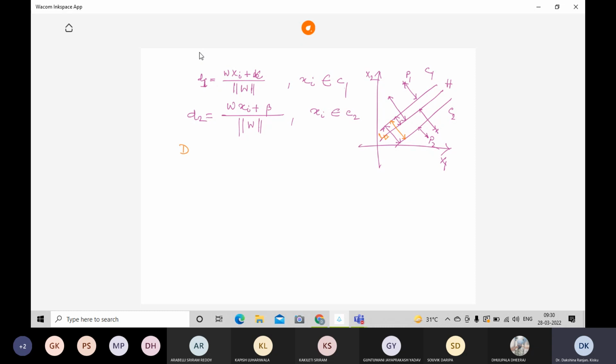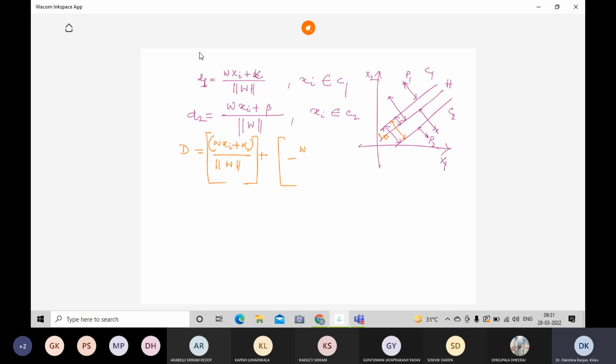If I say this is our D, the distance between two margins for class C1 and C2, then we can obtain (w xi plus alpha) divided by the norm of w, plus, what we will get, minus.